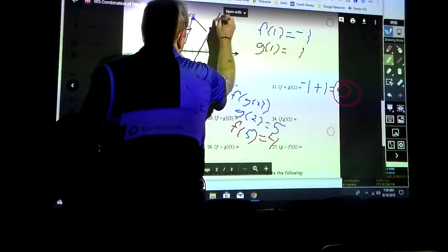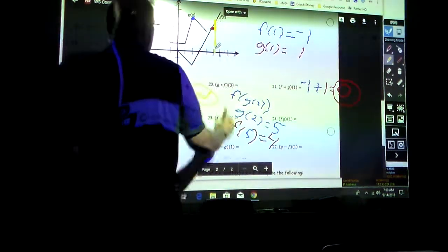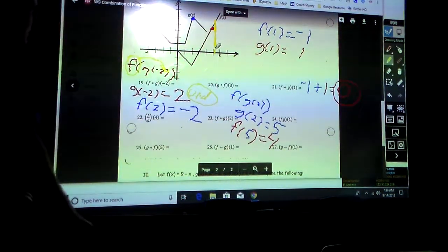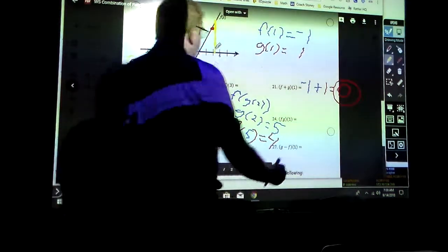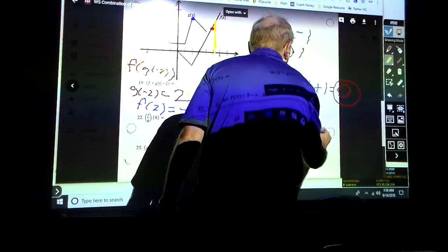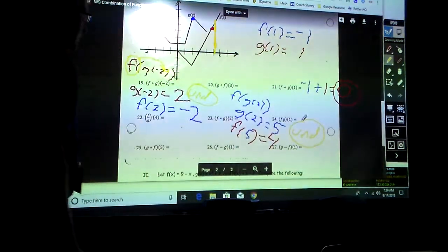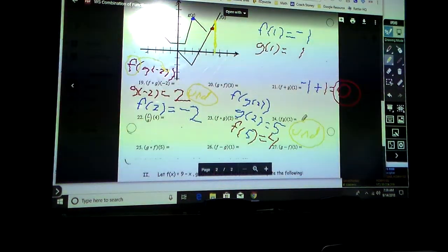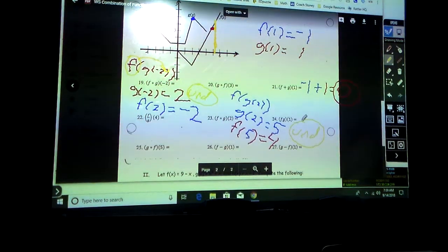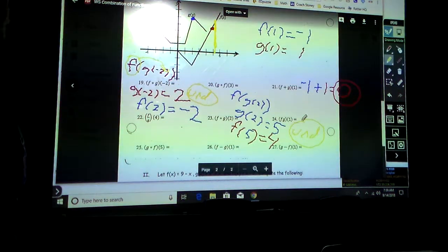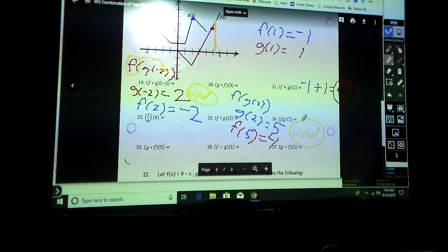Notice, does g exist at 5? It does not, so it makes this answer here, once again, not possible, or in a sense what? Undefined, because 5 doesn't meet the criteria of all our particular boundaries. All right? Those are two that were really unique.